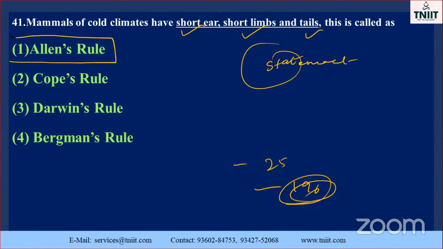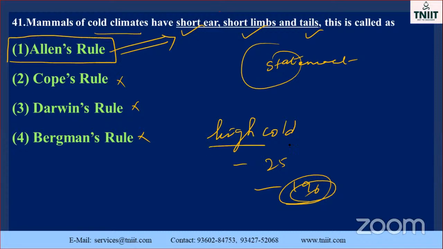See the first one. Allen's rule. This is the correct one. Remaining are not correct. Allen stated the rule. Some of the animals live in the cold climate, Arctic or Antarctic, anywhere in the high cold.